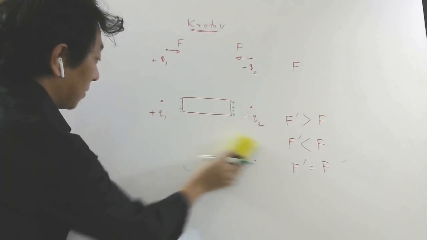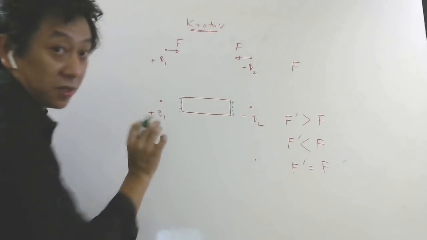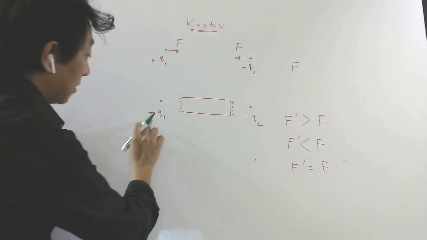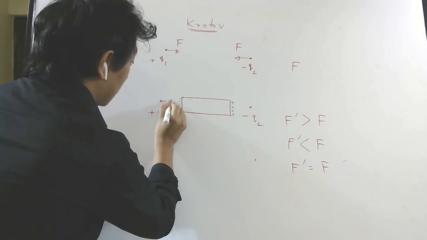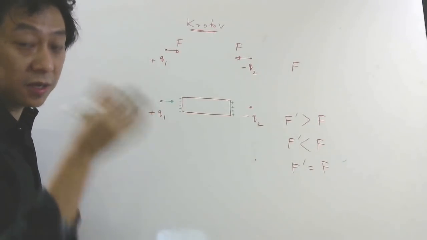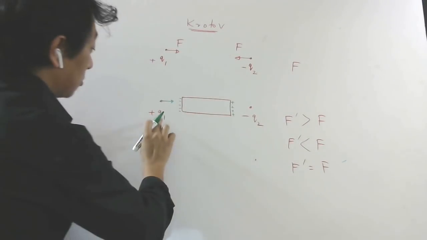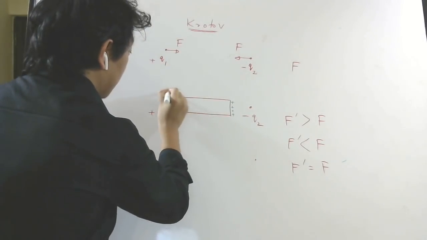Now to find the resultant force on this charge: it will feel an attractive force because of this minus q2, and that force, as I told you, will not depend on any third charge. It was attracted by force F before, so this will be F only.